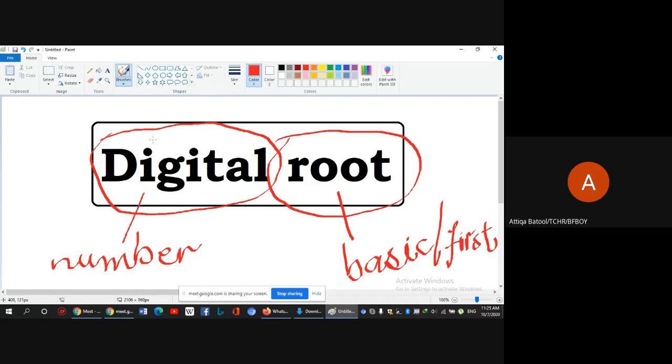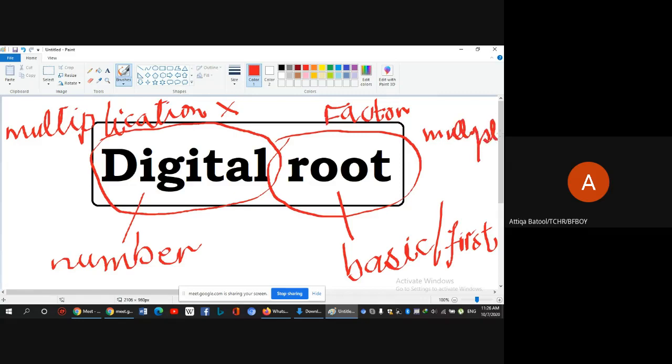The digital root is used in multiplication. The digital root concept is used with multiplication, when we are going to find out what the factors of any given multiple are, or whether this multiple can be divided by a factor or not.